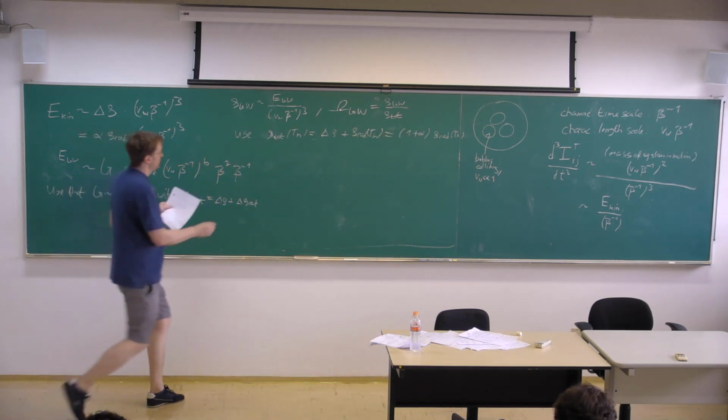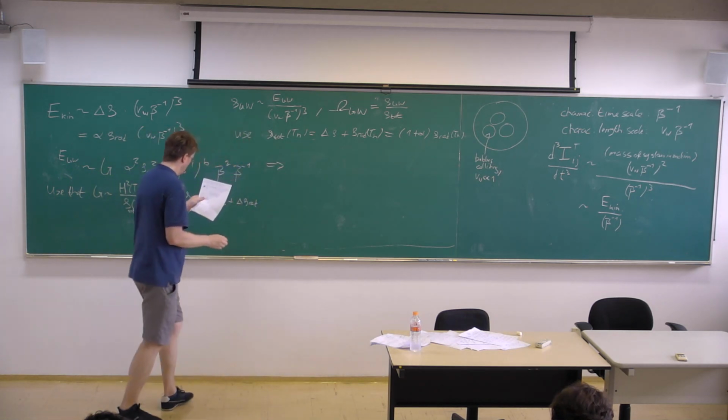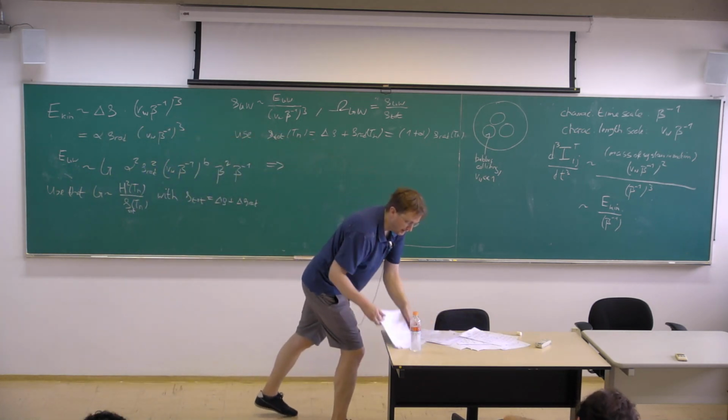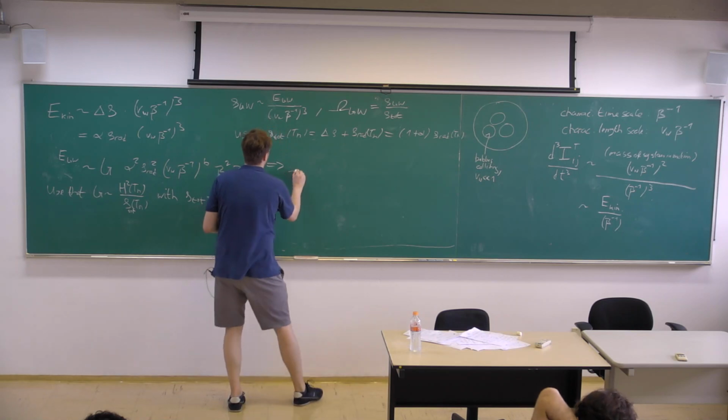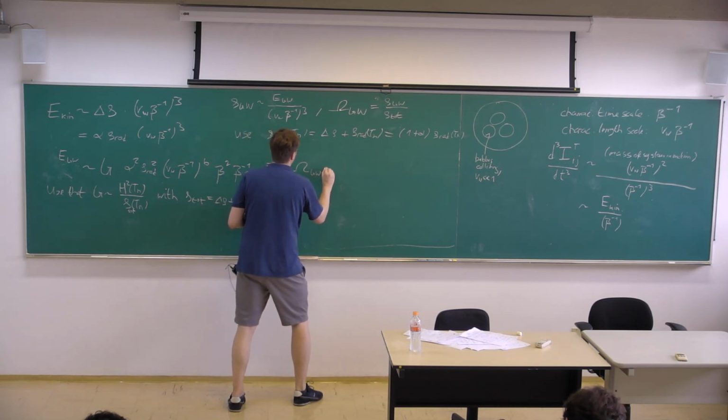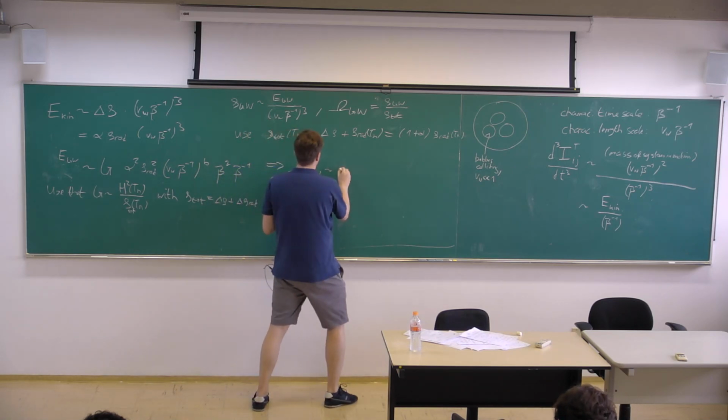Okay, so now I convert everything. What I get is the following estimate for omega gravitational waves. It goes like, I forgot one thing that I have to tell you in a second.